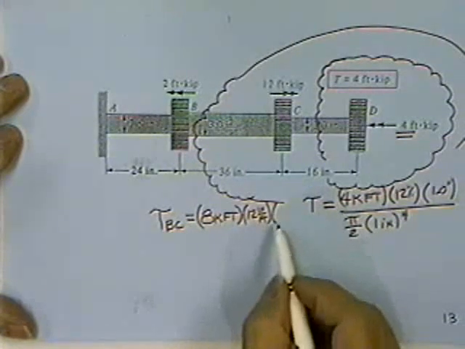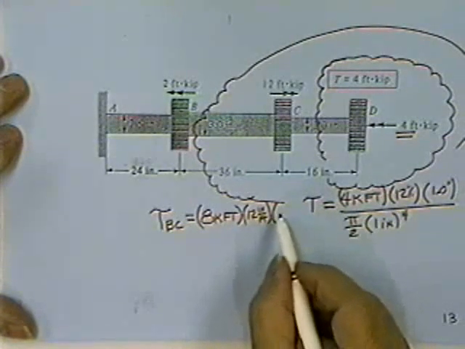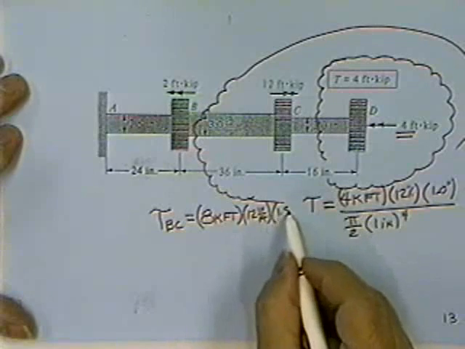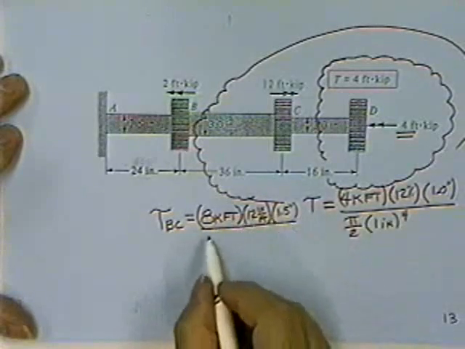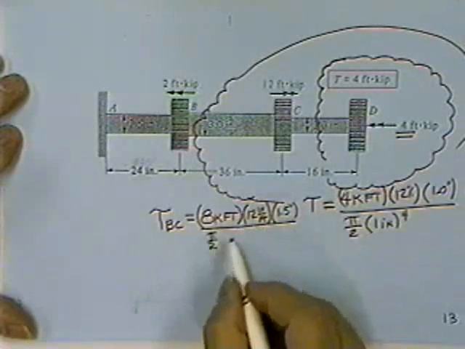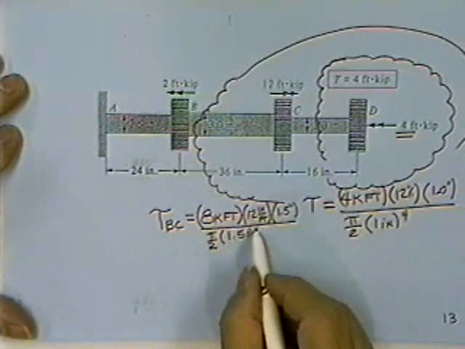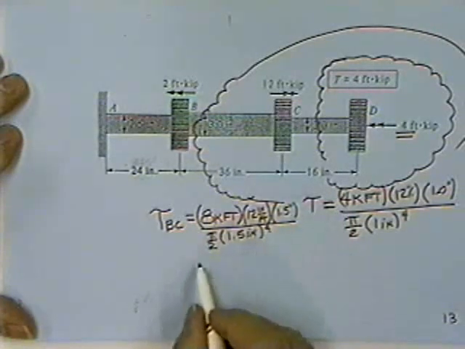That's my torque. Next I go for the C, TC over J. That's 1.5 inches, and divide by pi over 2 times, this bar is 1.5 inch radius raised to the 4th power.